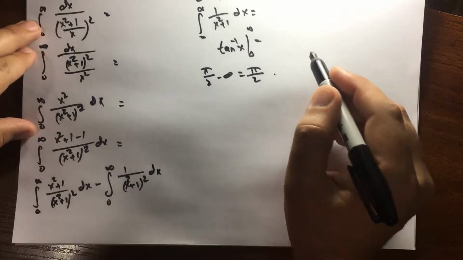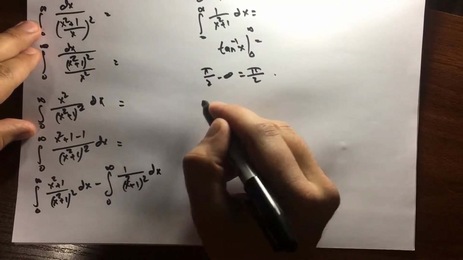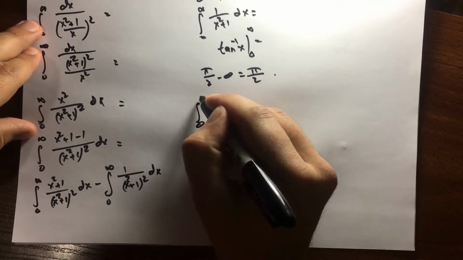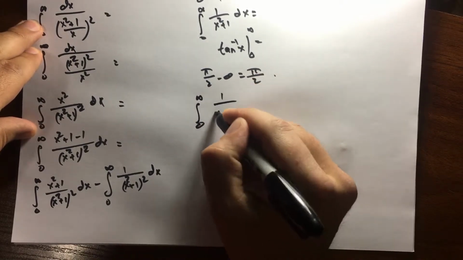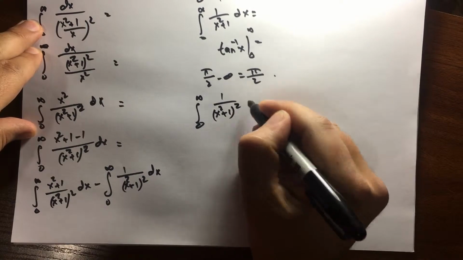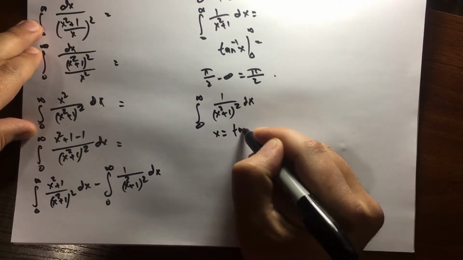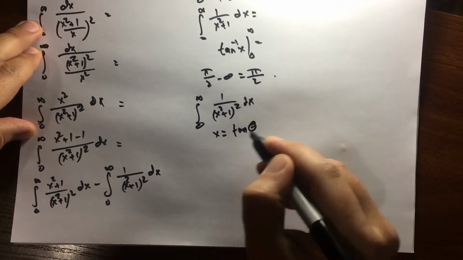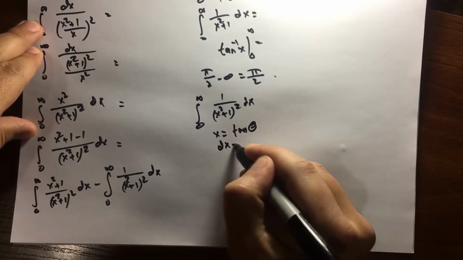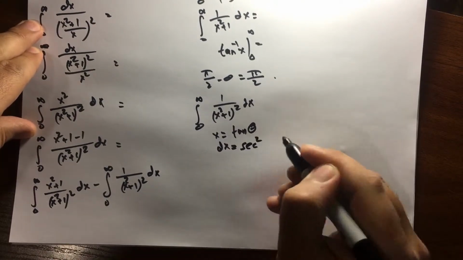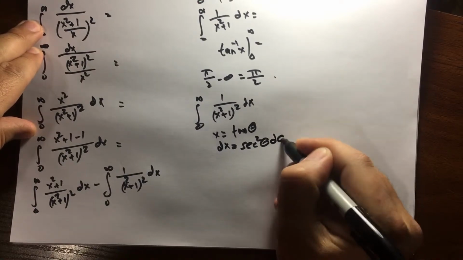This is part 1. Now part 2, we have the integral from 0 to infinity of 1 over (x squared plus 1) all squared dx. If we let x equals tan theta, then dx equals secant squared theta d theta.